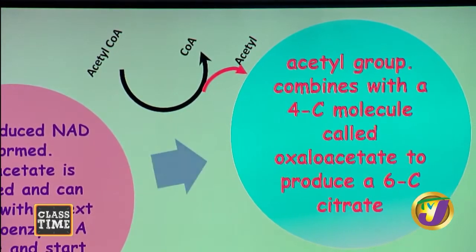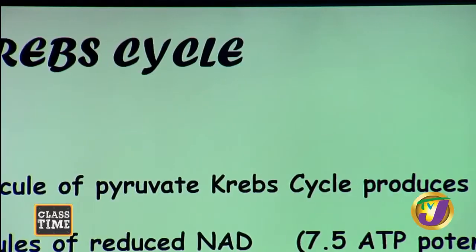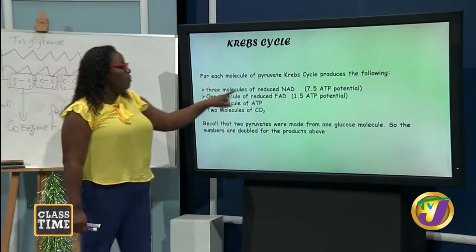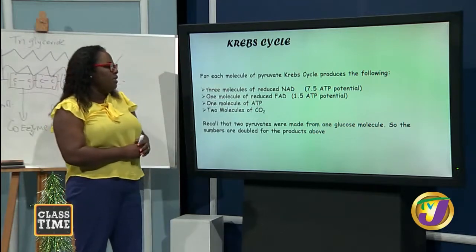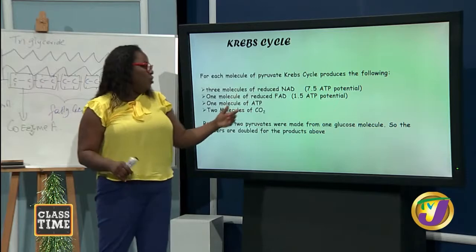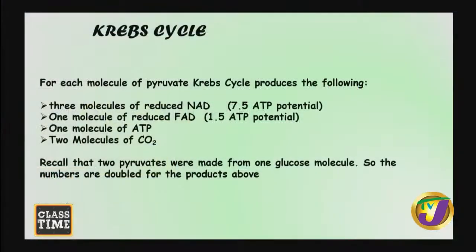At the end of this whole process, Krebs cycle, what happens here is that 3 molecules of the reduced NAD will be made per pyruvate. So clearly, if it's 3 molecules, you have to always multiply this by 2 if it's per pyruvate, because we are looking at the entire glucose molecule.